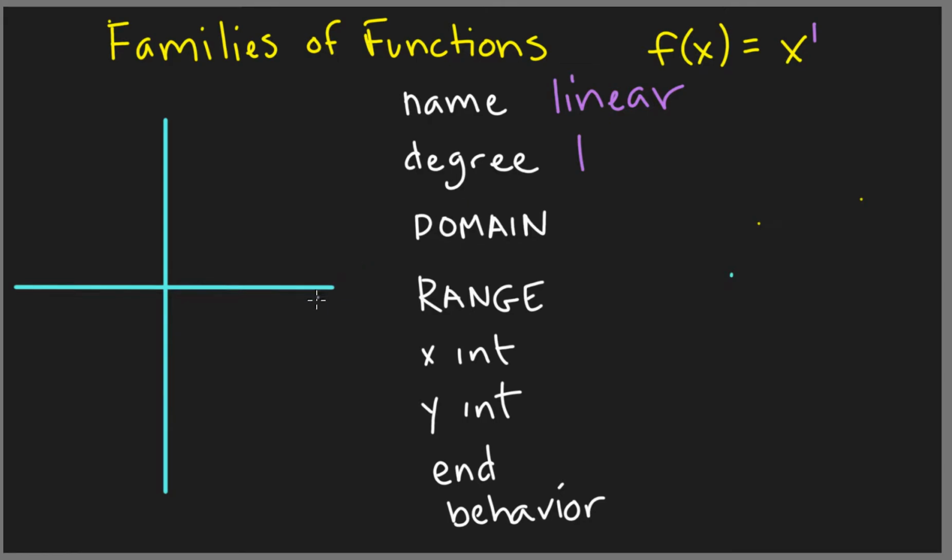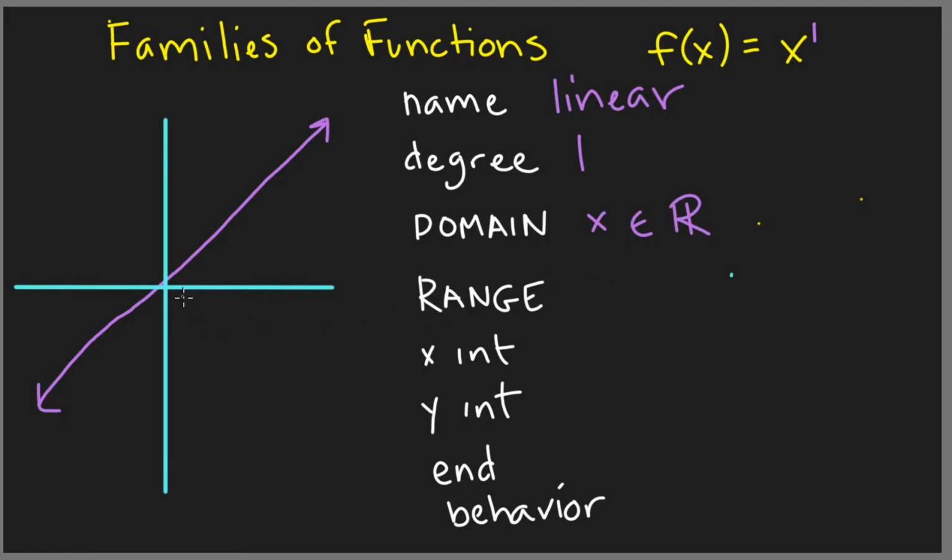The graph of y is equal to x is the diagonal line here. It goes through the origin. And my domain, like all linear functions, x is going to be a member of all real numbers.